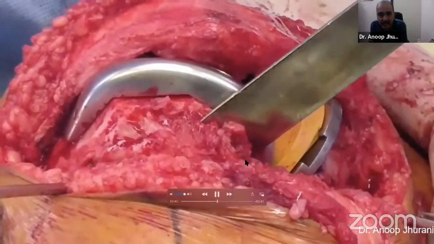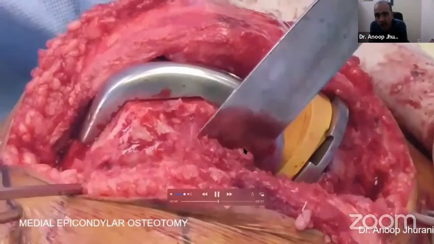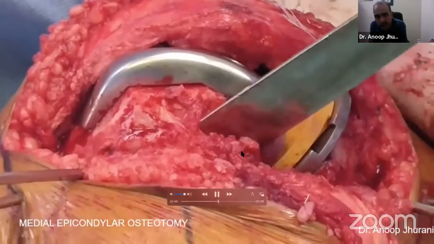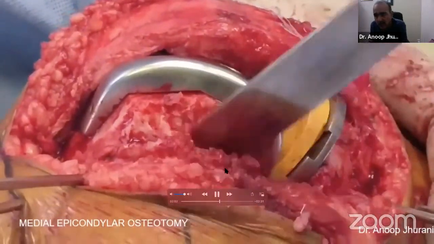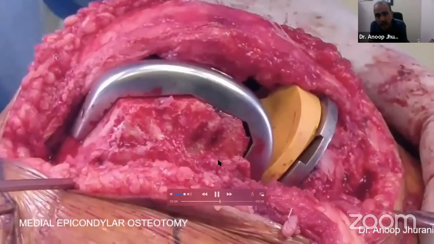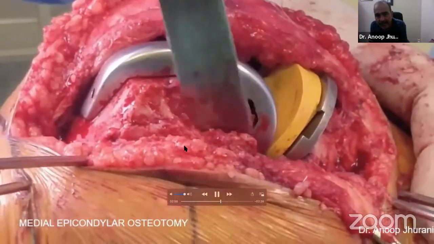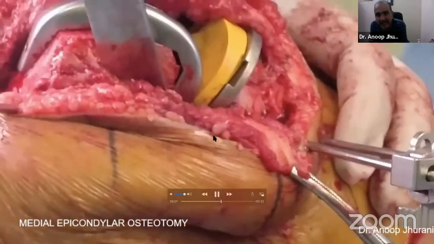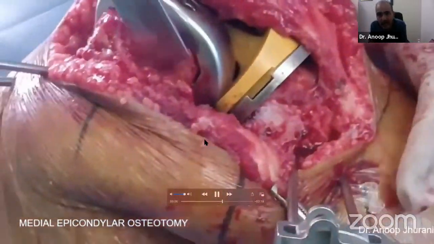And this is the time that we decide to do a medial epicondylar osteotomy. So remove about 1 centimeter of bone from the medial epicondyle with a sharp 20 millimeter osteotome, and remove the medial epicondyle with the soft tissue intact, with the periosteal sleeve intact, till you correct the lateral extension instability or lateral laxity.